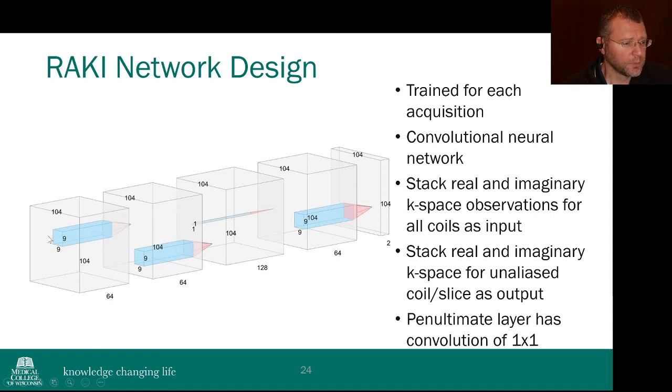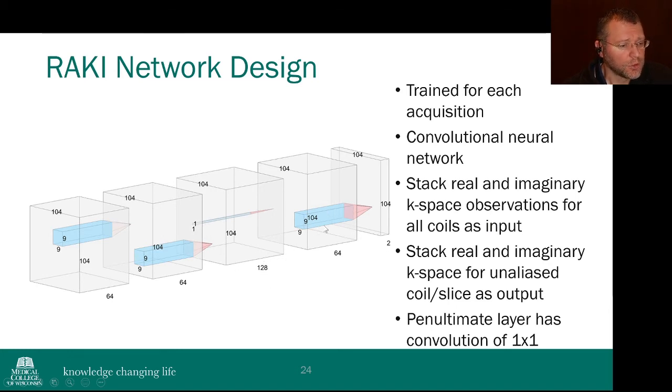You deal with convolutional kernels here in this case of 9 by 9. And if you have, say, 104 by 104 k-space matrix, you have that. And then the RAKI network is essentially one convolutional layer followed by another convolutional layer, both with the same 9 by 9 kernel sizes. Then a 1 by 1 convolution with 128 kernels.